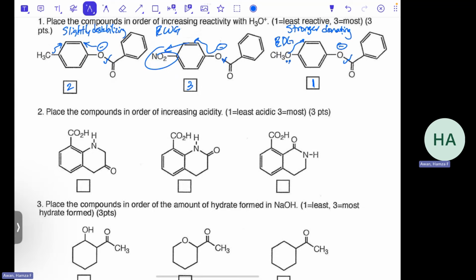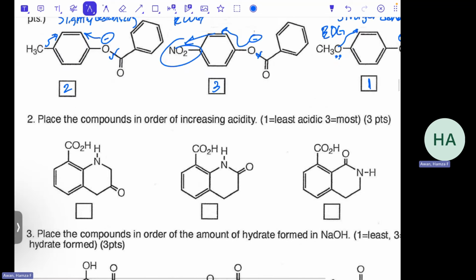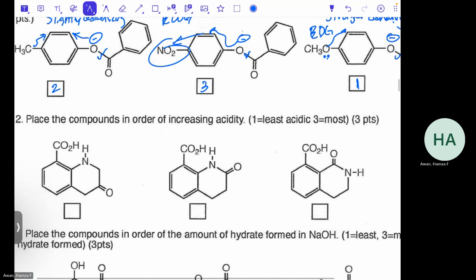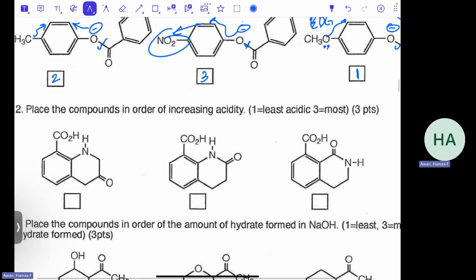So the next one is asking us to place the compounds in order of increasing acidity. So our first course of action is to remove this hydrogen on this carboxylic acid on all 3 of these, because it's pretty much going to be similar to how we did the first one.